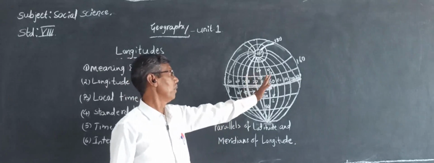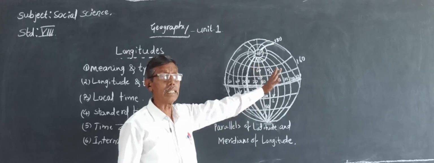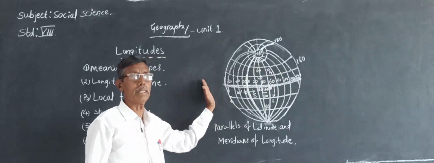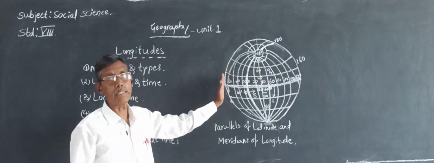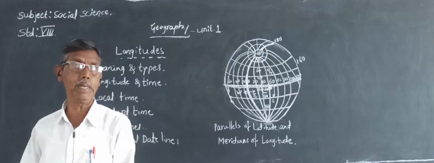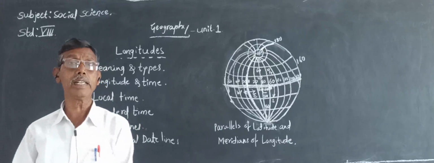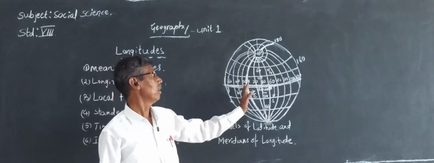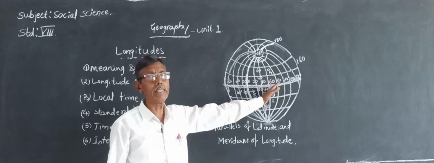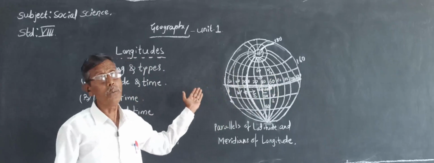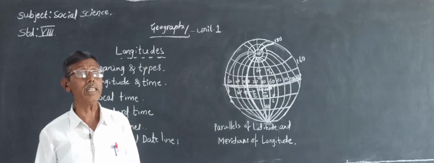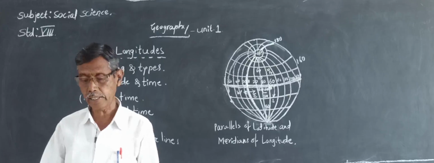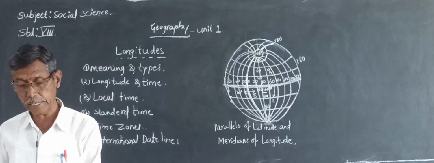There are 360 longitudes: in the eastern hemisphere 180 longitudes, and in the western hemisphere 180 longitudes. So totally 360 longitudes.